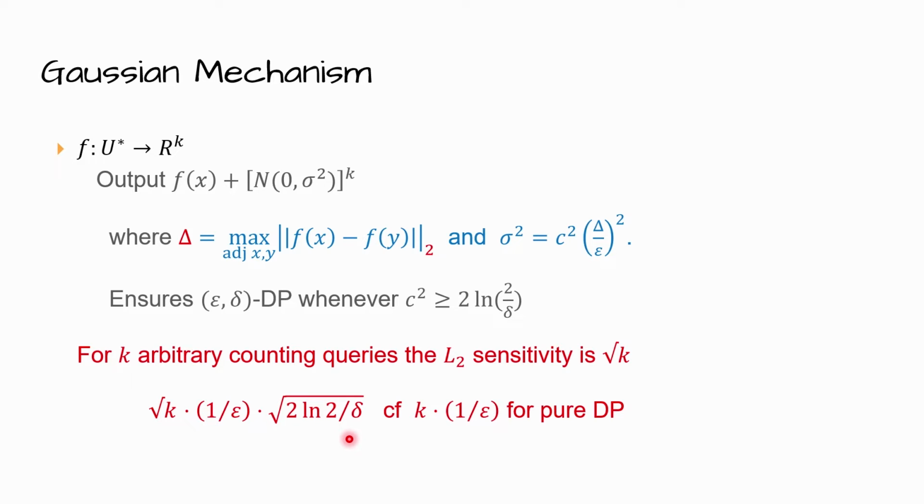So compare that to what we had with the Laplace mechanism, which was giving us pure differential privacy. That had a delta of 0. It doesn't make sense to plug that into here, but that had its own bound, k times 1 over epsilon. So at the cost of this log of 1 over delta term, we go from k down to square root of k. Okay? All right.